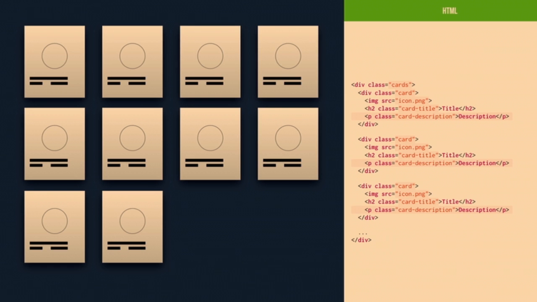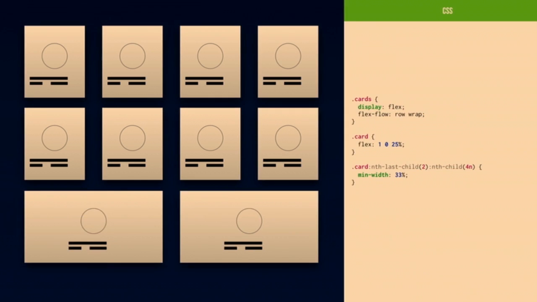So markup-wise, it's pretty light. The only thing that we really need to affect CSS-wise are my cards and my individual card. So again, I have my cards. I'm going to set my parent container to display flex. I'm going to set flex flow to row wrap because I want the rows to wrap. I don't want them all to be on one row.